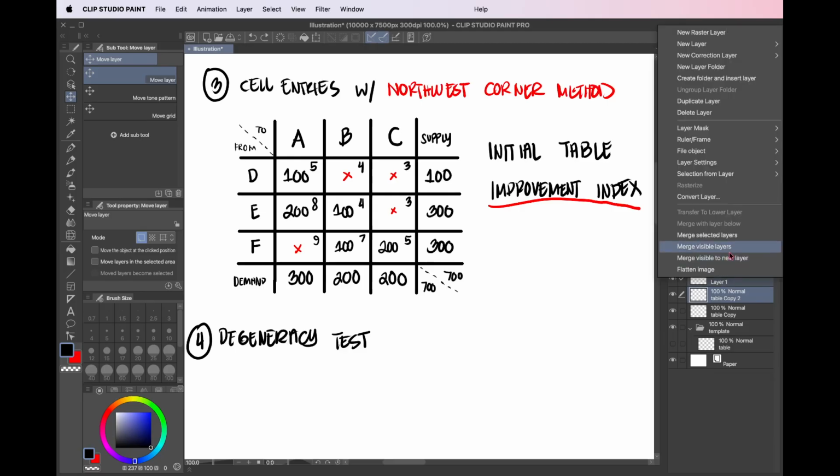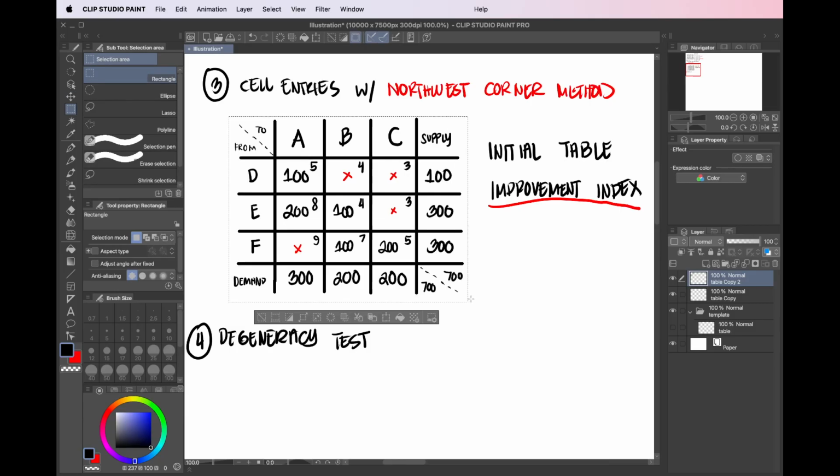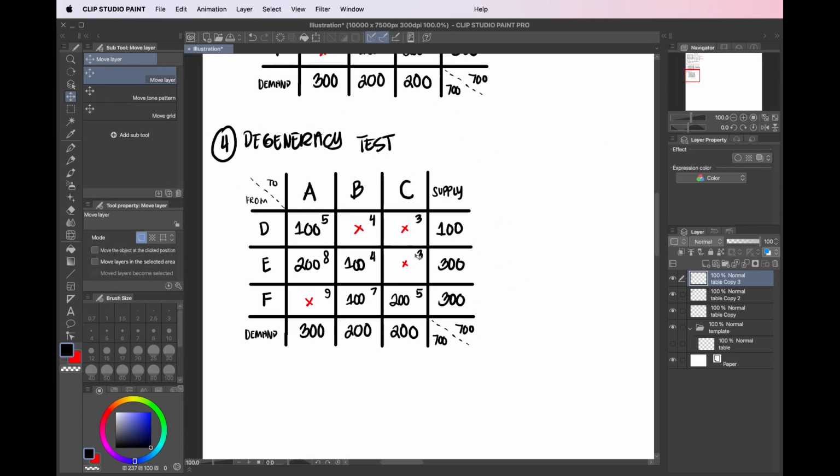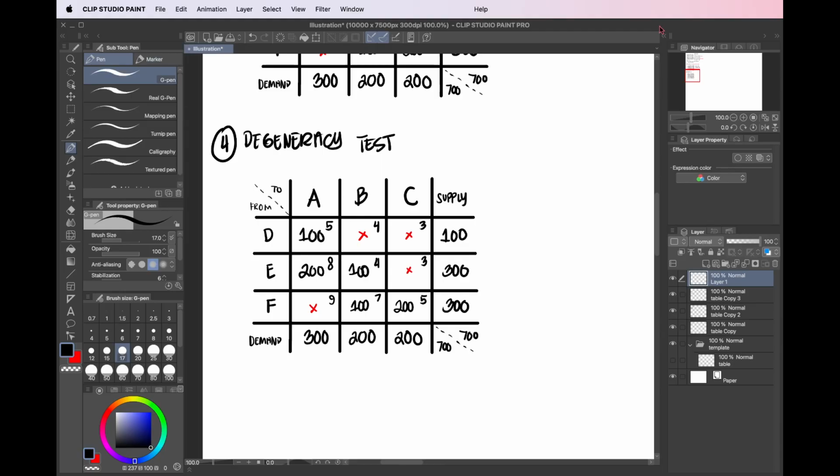You know what? Let's just merge the selected layers, then copy. All right. So here we have the copy of our table. And actually, let's just remove the excess. I just did that to showcase that there are no more values there.